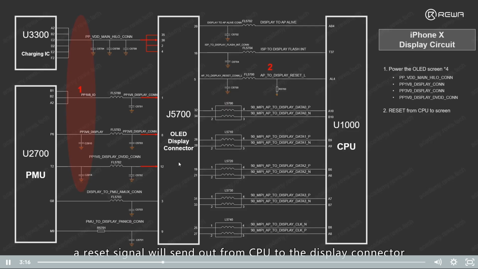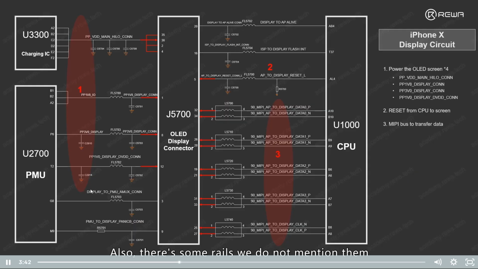After that, a reset signal will be sent out from the CPU to the display connector. Then the image data will be transferred from the CPU to the display connector by the MIPI bus. Okay, so this is a very basic working process.